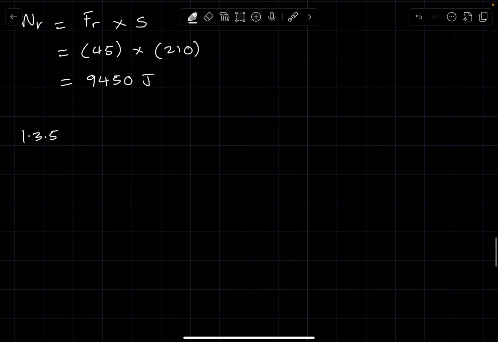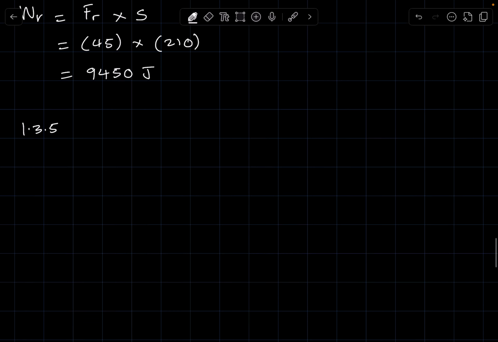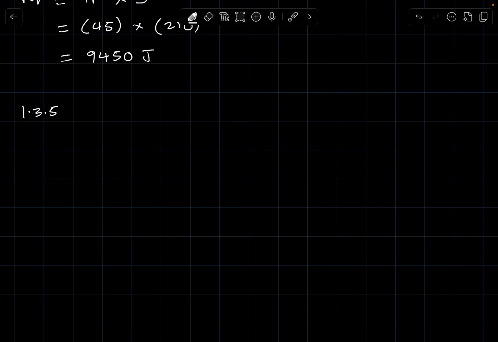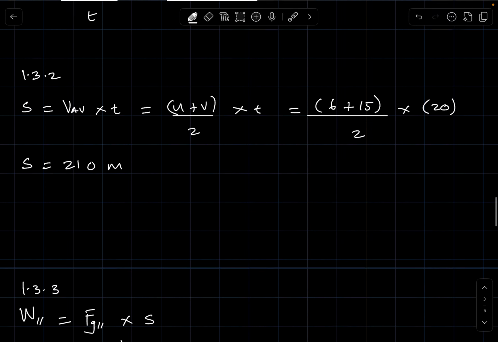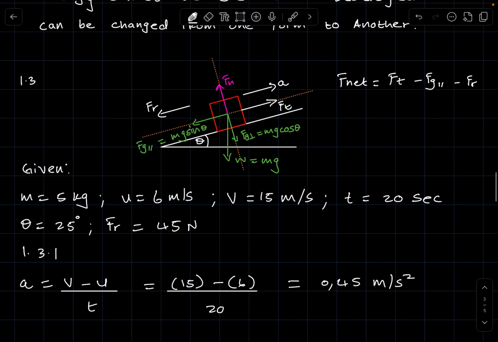1.3.5. Now you can do this. There's a couple of ways in which you can attempt this problem. One of which is if you first calculate the total force applied. Remember our vector sum of forces, which we established based on our free body diagram.